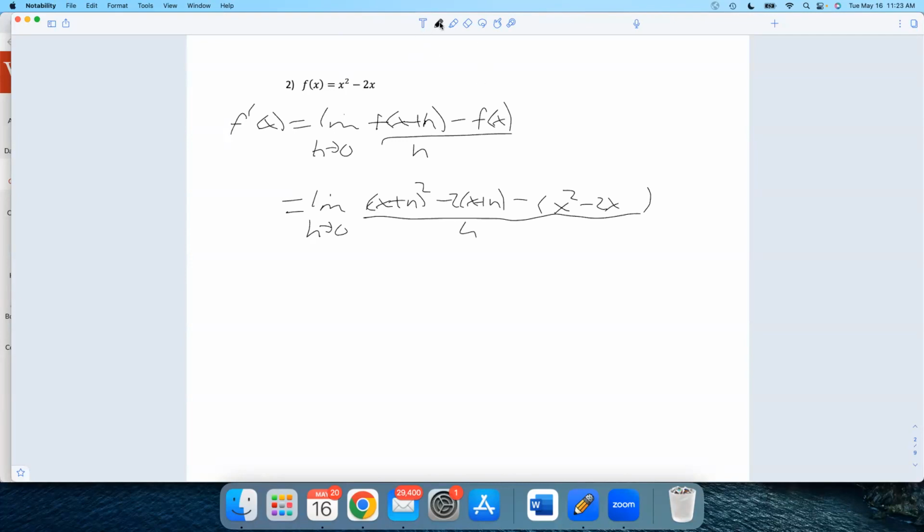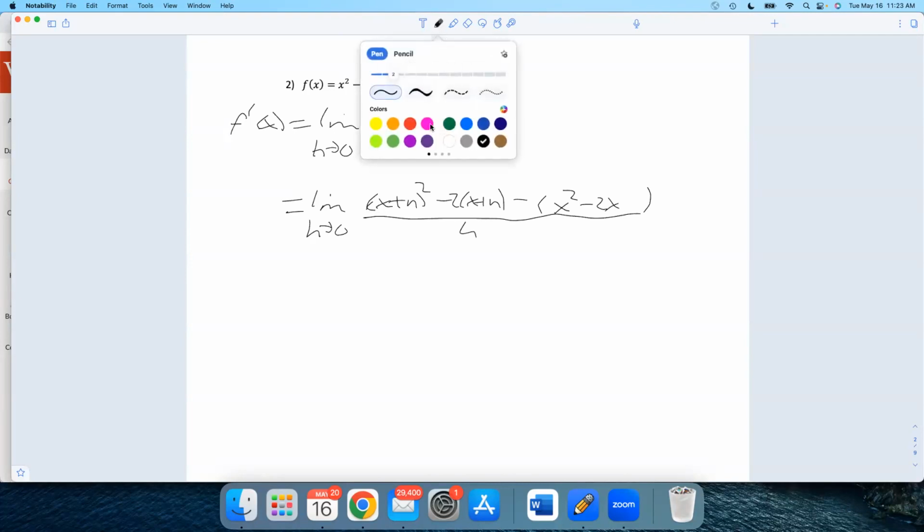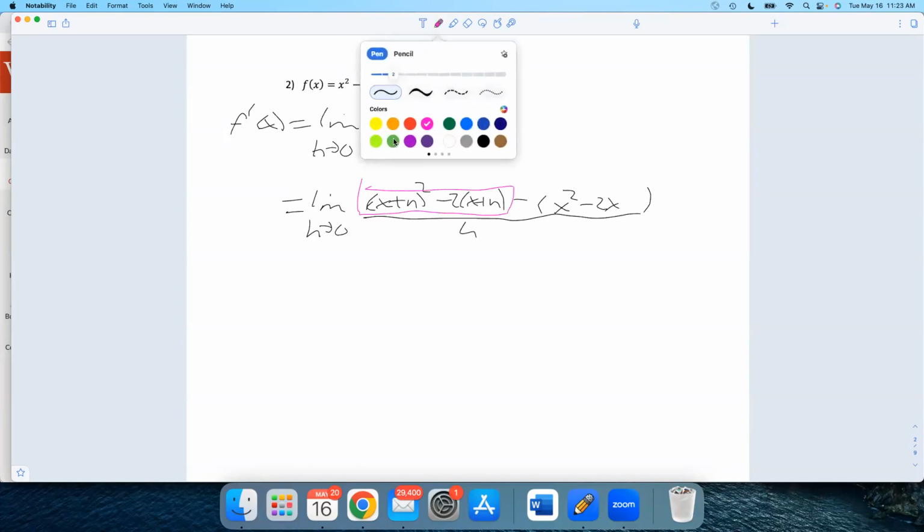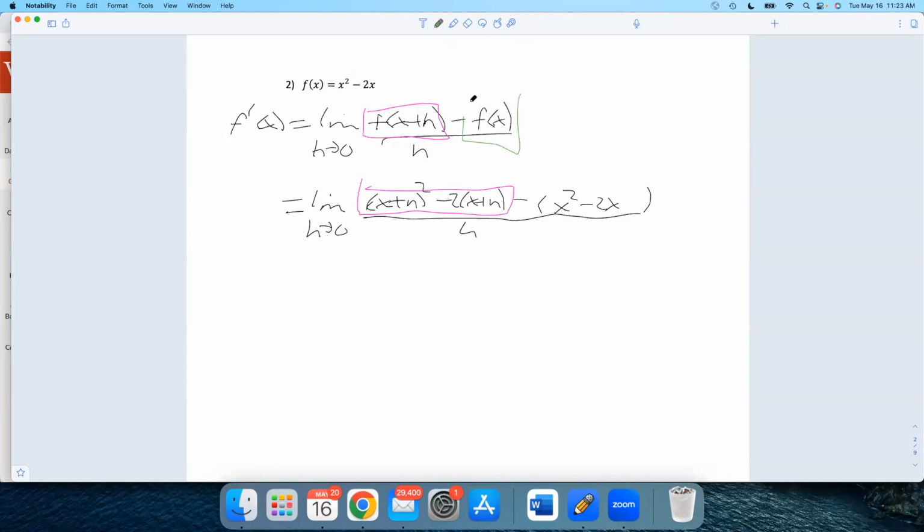Okay, so let me do a little color coding here, just to make sure everybody sees what's going on. These are the same. And then maybe we'll use green. This was f of x here. And then h is just h.